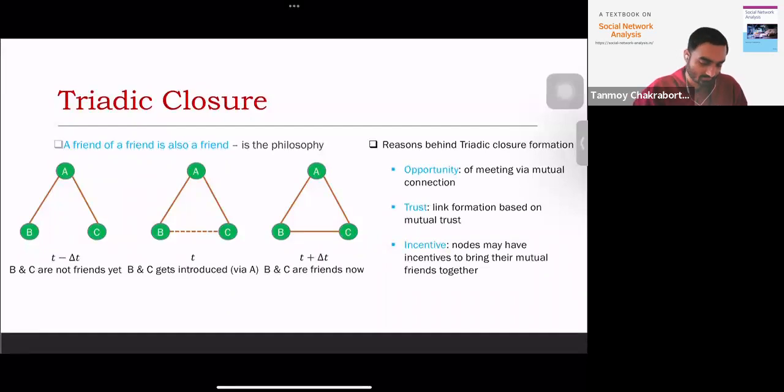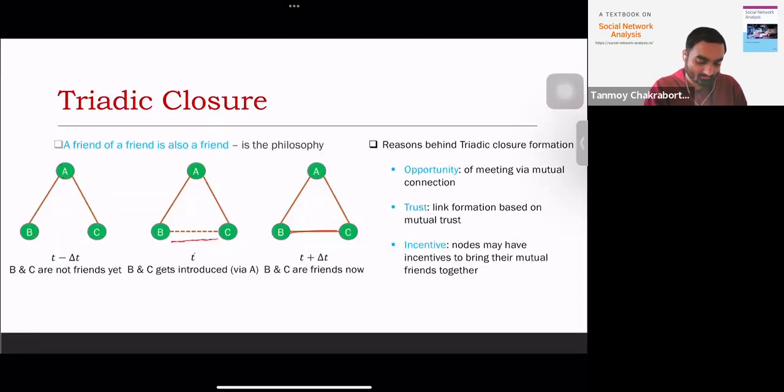Triadic closure says that at time t minus delta t, A and B are connected and A and C are connected. At time t, there's some chance that B and C would be connected, and at t plus delta t, B and C are connected.